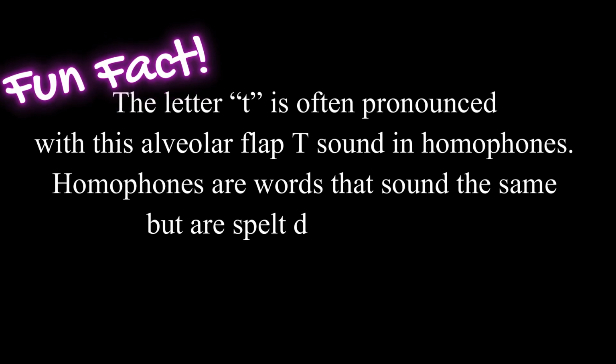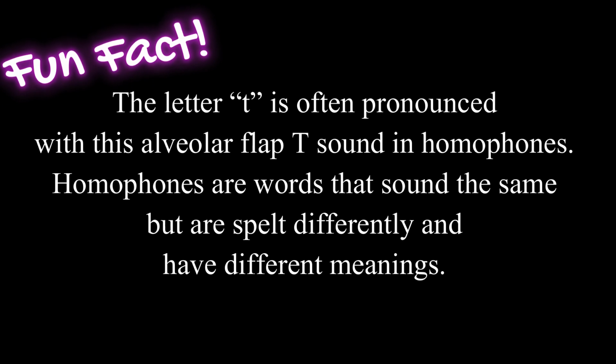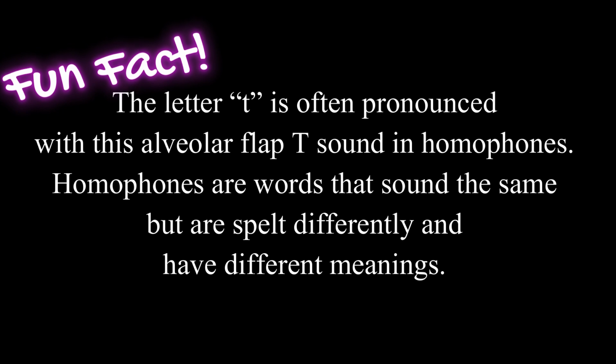Fun fact, the letter T is often pronounced with this alveolar flap T sound in homophones. Homophones are words that sound the same but are spelt differently and have different meanings.